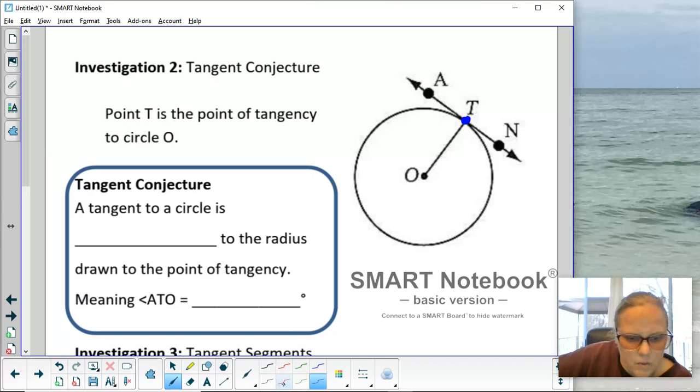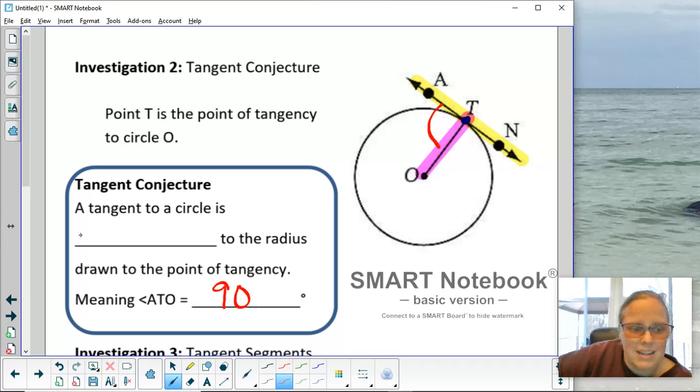So the tangent conjecture says a tangent to a circle is blank to the radius drawn to the point of tangency. So if I look at the tangent compared to the radius, let me get a highlighter here. So here's our tangent, and here's our radius connected at that point of tangency. What angle measurement do you think is occurring between the radius and the tangent itself? Or how big do you think this angle right here is? And if you guessed 90 degrees, you are correct.